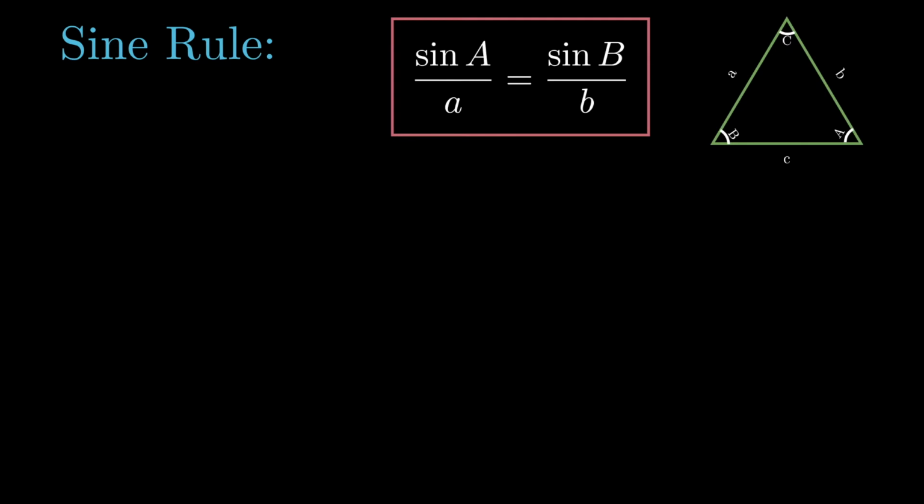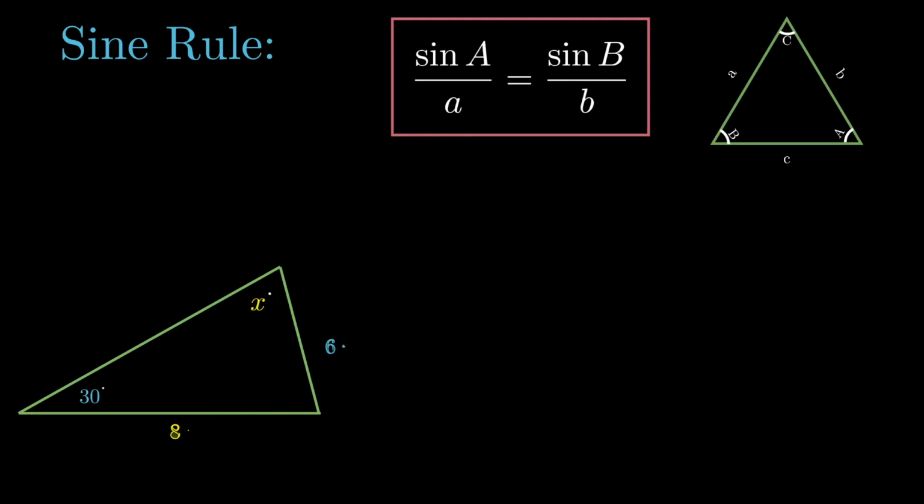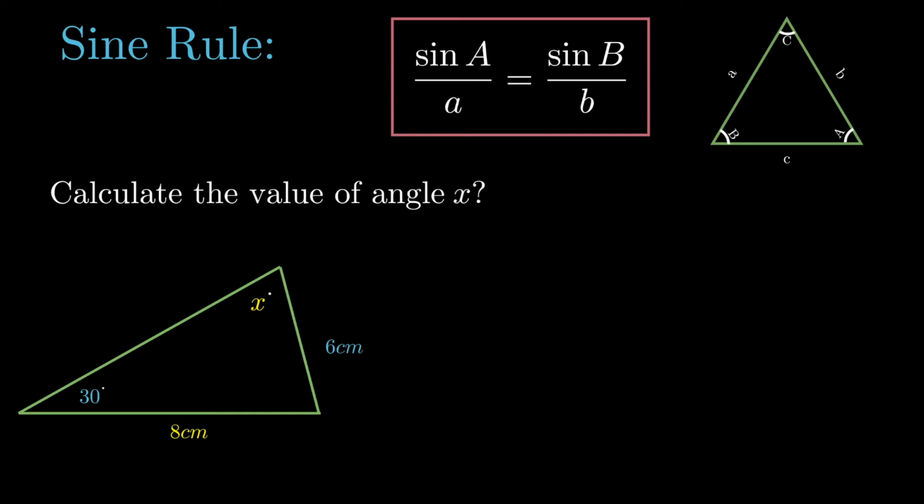So firstly, let's construct a triangle. This triangle will have angles 30 degrees as well as angle x degrees. It will also have lengths 6 centimeters and 8 centimeters. And the question is, calculate the value of angle x.